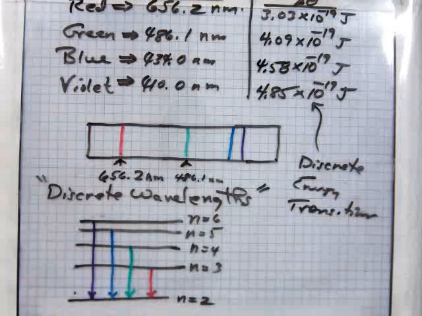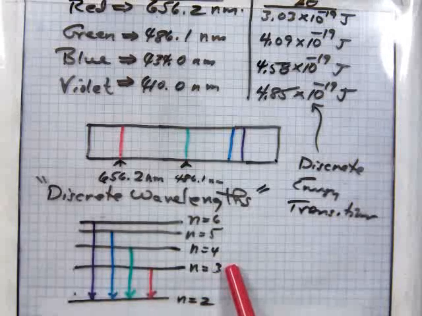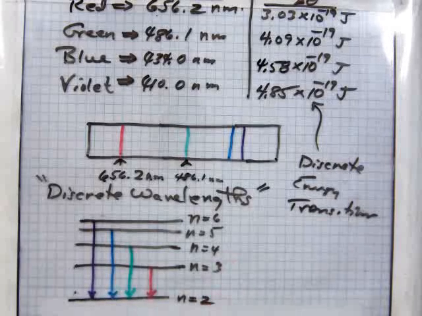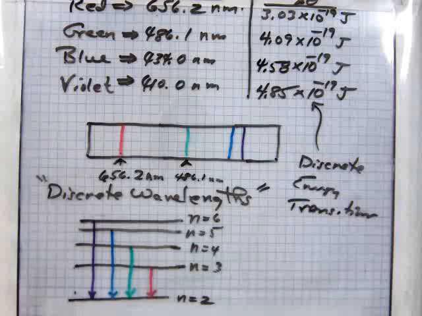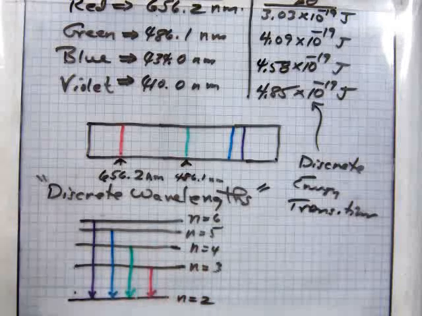This is what makes the idea plausible. The electron is in, say, n equals 3. Then it's n equals 2. It has no existence whatsoever between those levels. No existence whatsoever. It's either in 4 or it's in 2, but not between.